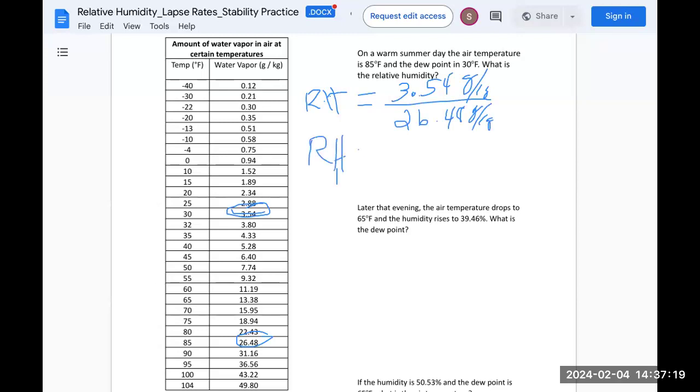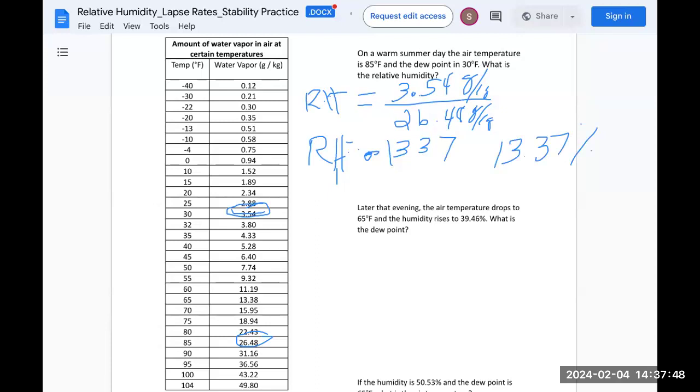And 3.54 divided by 26.48 equals 0.1337-ish, otherwise known as 13.37% relative humidity.